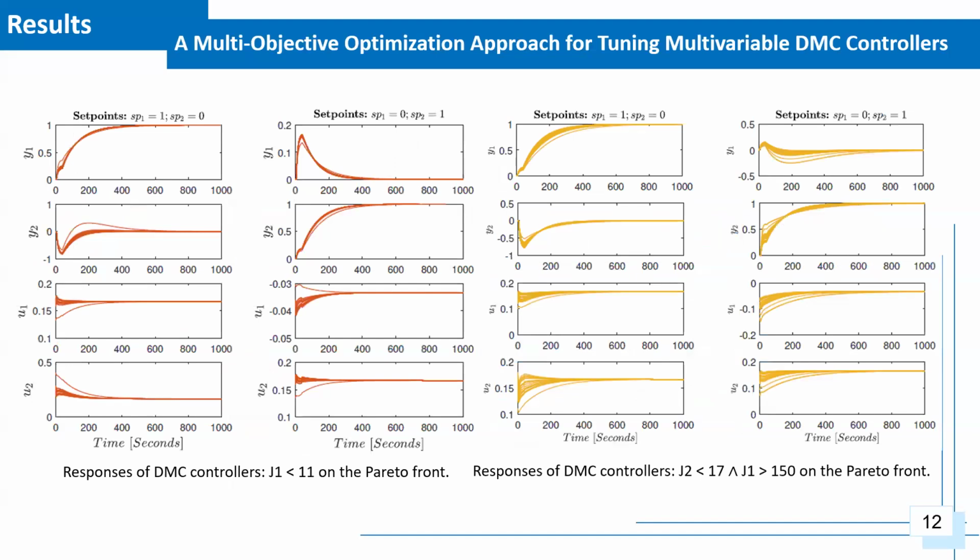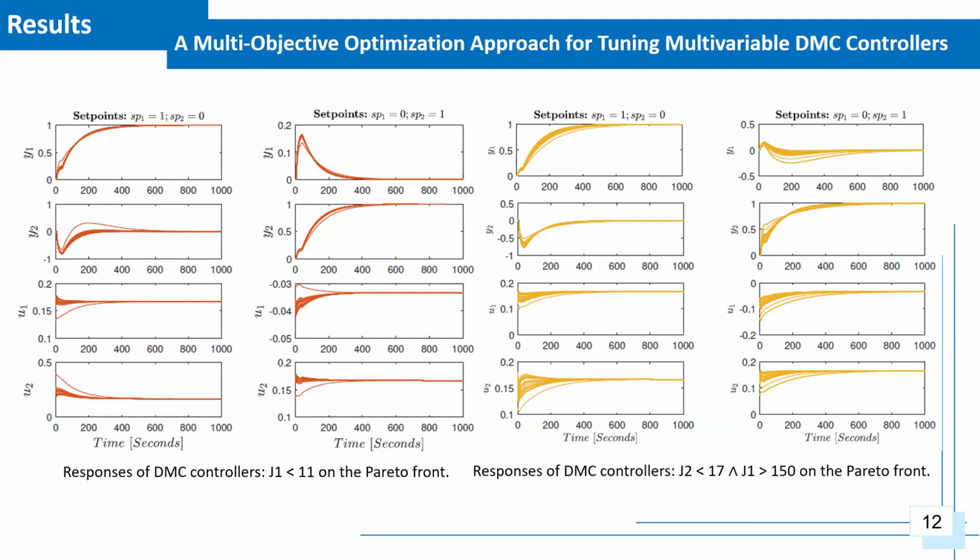In this slide, the brown traces the response of the best performing DMC controllers with respect to output Y1, that is, those with J1 less than 11. In this case, output Y1 is stabilized at around 300 seconds, while output Y2 reaches steady state at about 400 seconds.